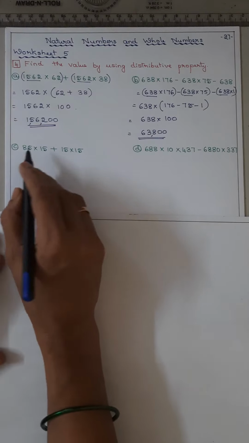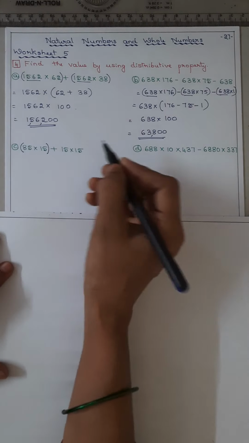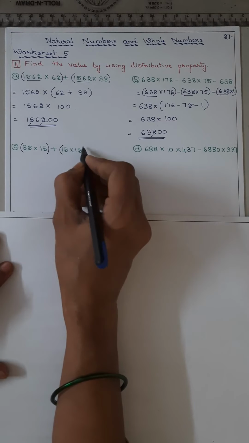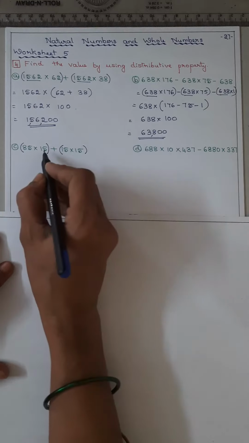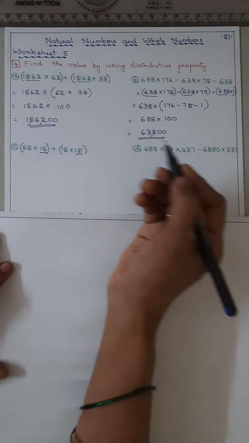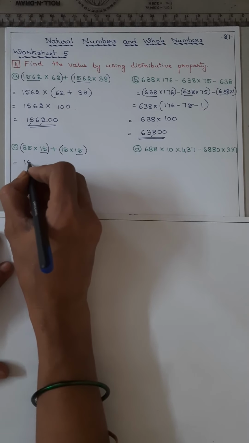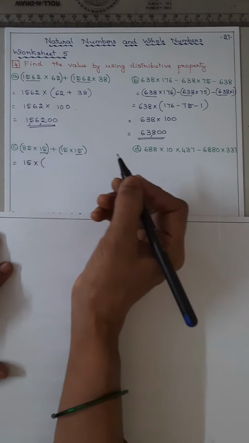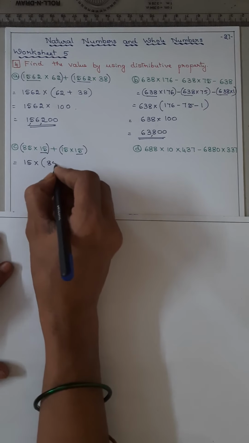Next, coming to question number C. It is 85 into 15. This is one group, plus 15 into 15. Now underline the common ones. Here 15 is there. Here also 15. Underline. Now what is common? 15 into, what is left behind in this? 85.